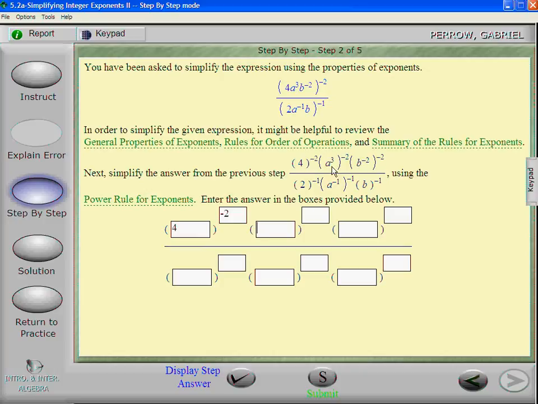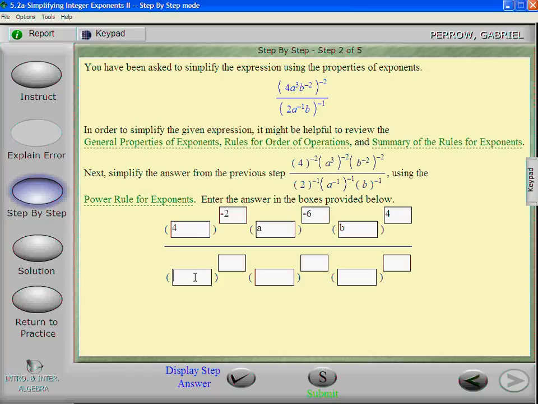And then here they're saying if you had a to the third raised to the negative 2, remember that you multiply those powers. So that's a to the negative 6th. And then over here, b, and then what do you have for powers? Negative 2, negative 2. If I multiply those numbers together, I get positive 4. So that's what I've got in the numerator.